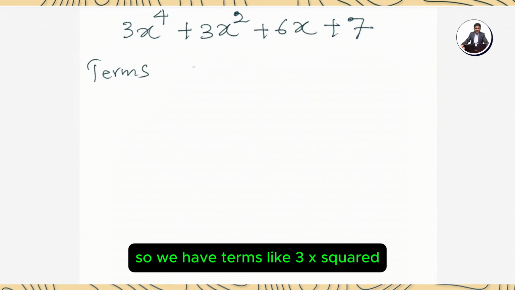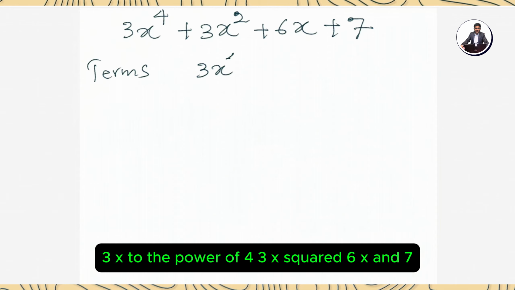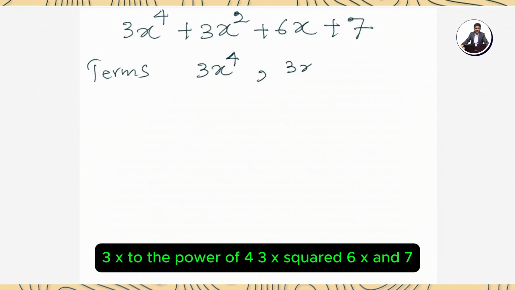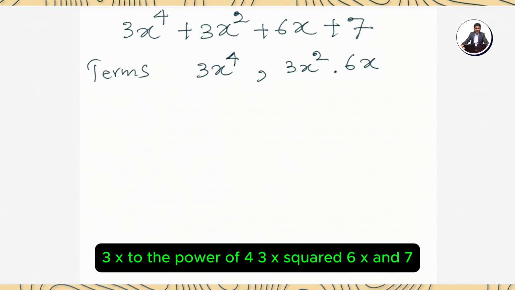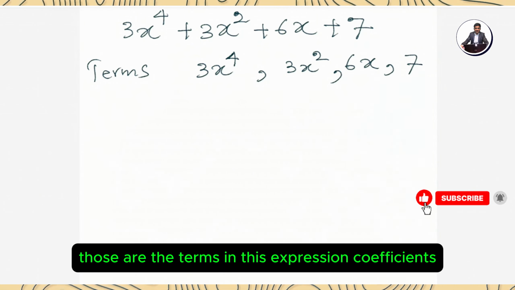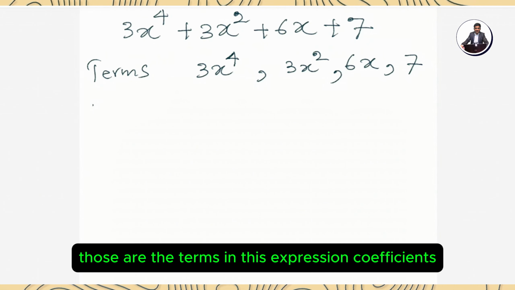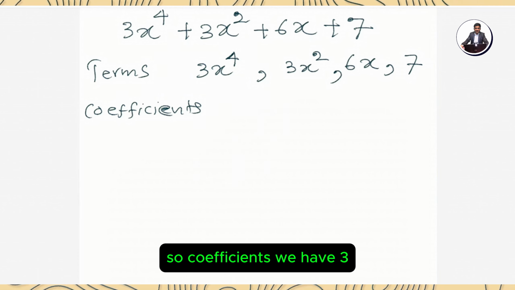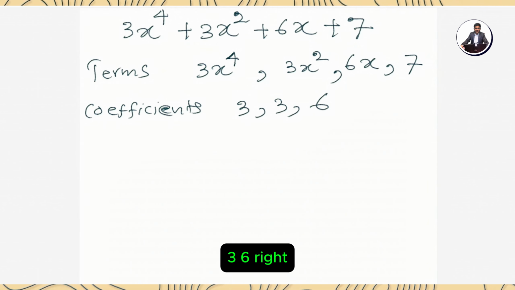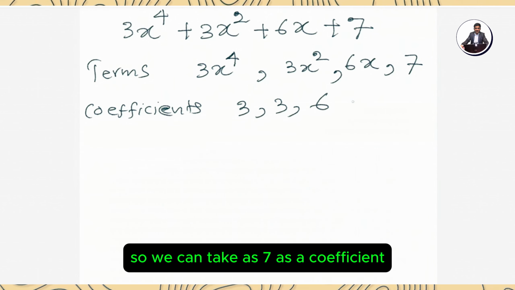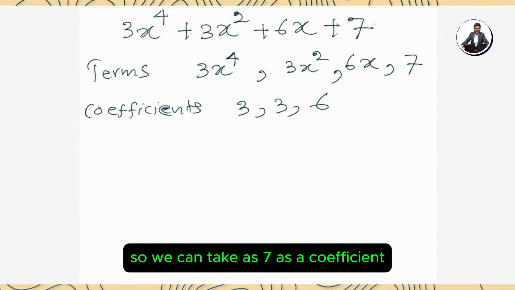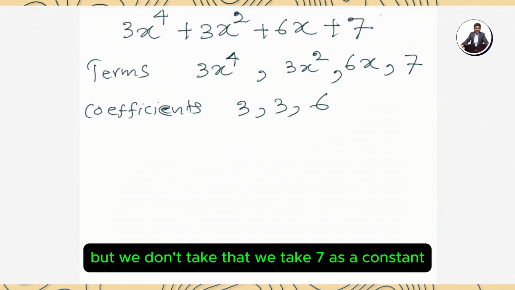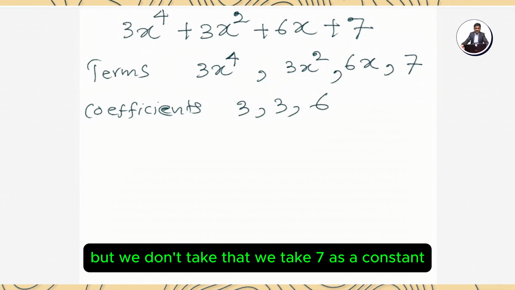We have 3x to the power 4, 3x squared, 6x, and 7. Those are the terms. Coefficients: we have 3, 3, 6. We could take 7 as a coefficient if it were x to the power 0, but we don't take that.